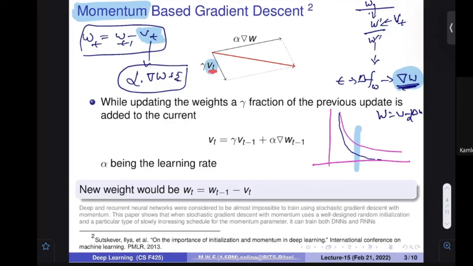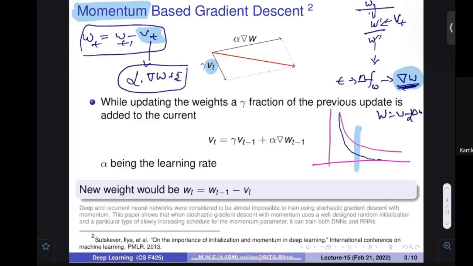So if it is Vt, I can multiply it with some gamma, and whatever I get with respect to the gradient I multiply with alpha, and the summation of both of these quantities tells me how much I am going to change at this particular moment.